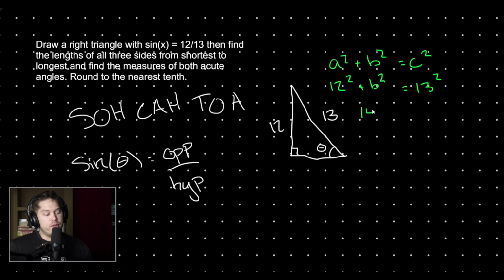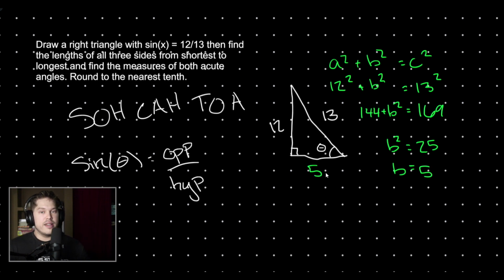So we have 144 plus b squared is equal to 169. We can subtract 144 from both sides to see that b squared is equal to 25. Therefore, we take the square root and b equals 5. So the missing side is 5.